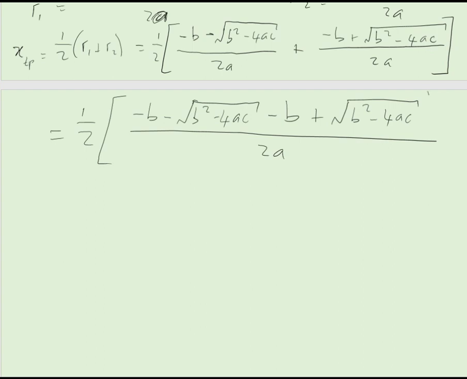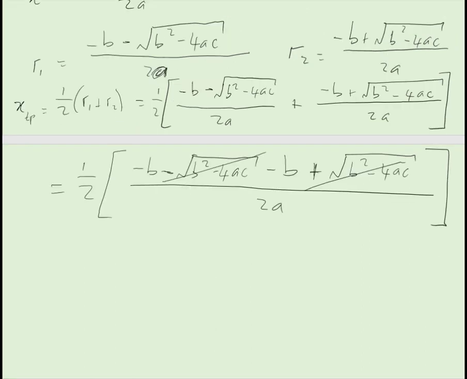Now what we can see very nicely is that the square roots, there's a negative on this one and a positive on this one, so they cancel out. And upon further simplification, we end up with a half, and then negative b minus b is negative 2b over 2a, the 2's cancel here, and then we're left with negative b over 2a.